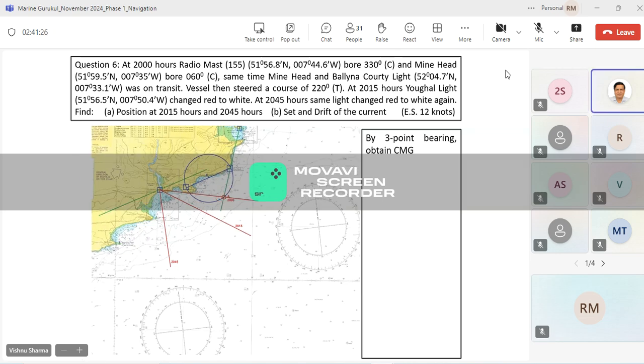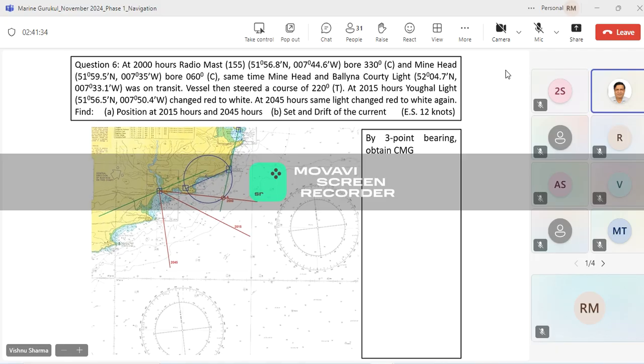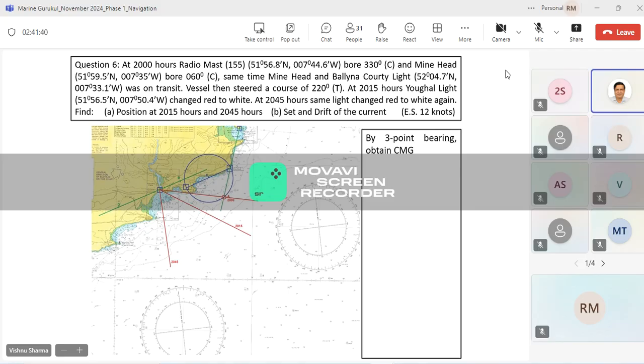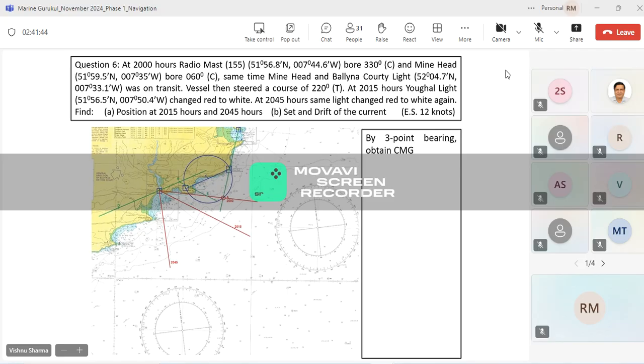We have drawn this line through the point of intersection. Interval is 15 minutes and 30 minutes, so 1:2. We mark off distance in the ratio of 1:2. B is at a distance 1 and D is at a distance 2. We transfer the middle PL. It cuts at E and F. I join EF and I get the CMG for this particular case.